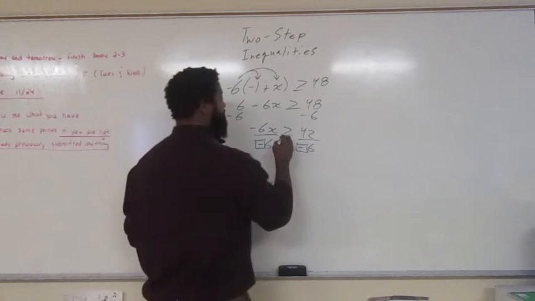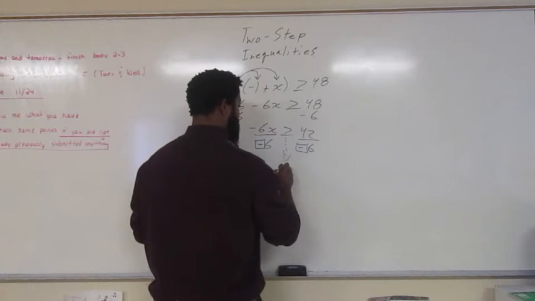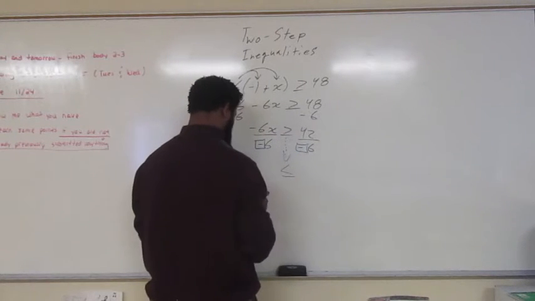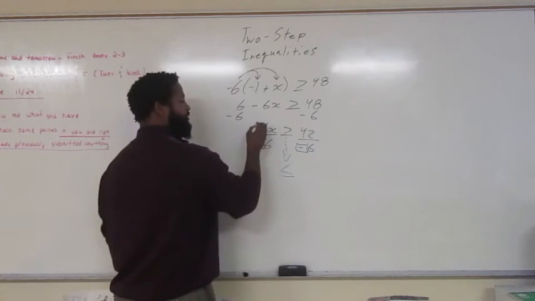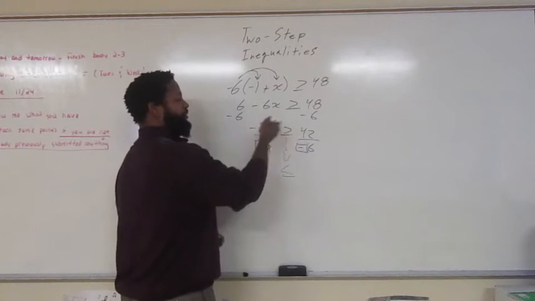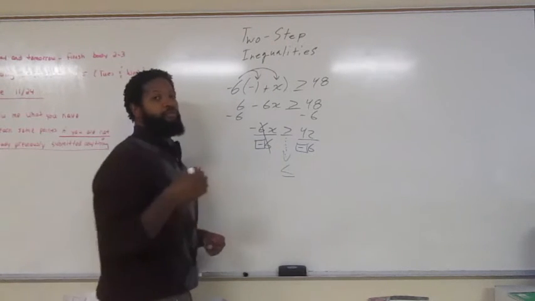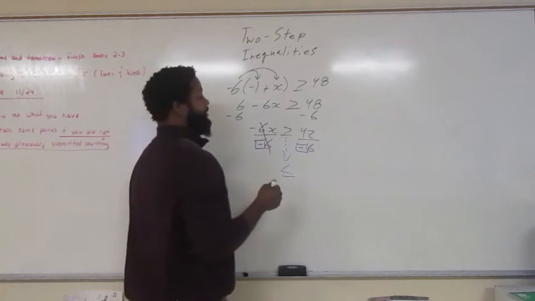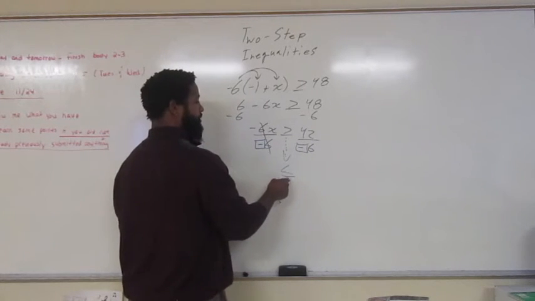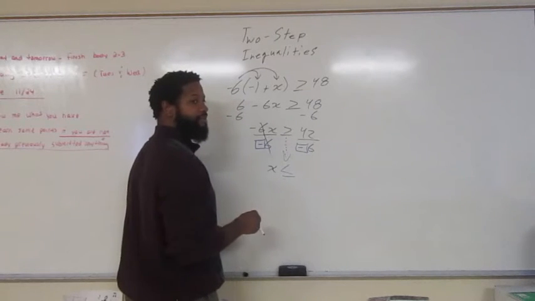It flips. Okay? Our sign flips. You still keep solving this like it's a regular equation. Just remember, when you multiply or divide a negative onto both sides, your sign flips. Okay? X comes down. What's 42 divided by -6?